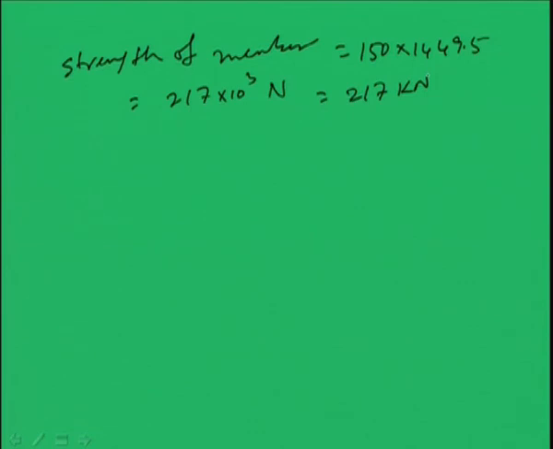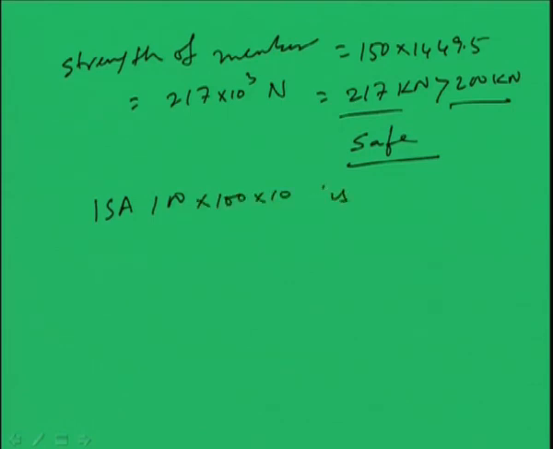Now the applied load was 200 kilonewton, and the strength of the member is 217 kilonewton. So this is completely safe. That means the angle section whatever we have chosen, which is ISA 100 by 100 by 10, is okay. So the section whatever we have chosen is completely okay, right. So in this way we can design.